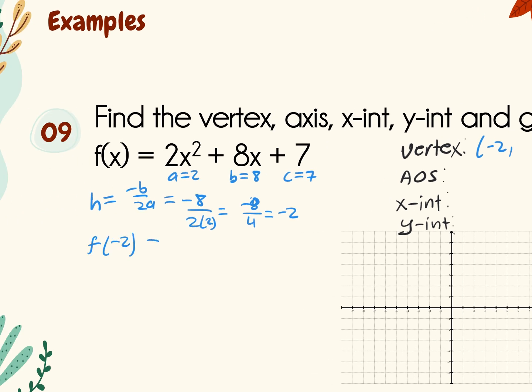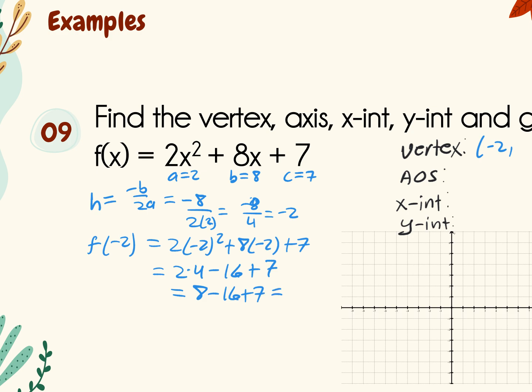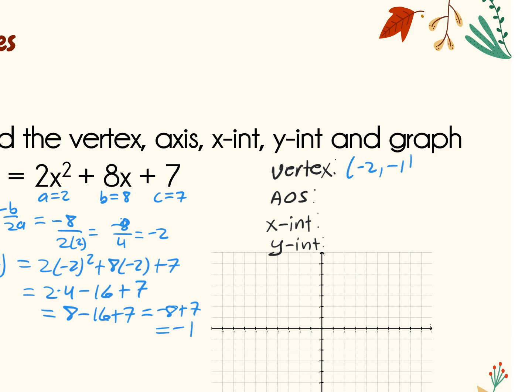So we get f(-2) is 2 times (-2) squared plus 8 times (-2) plus 7. All right, and (-2) squared is 4, so we get 2 times 4 minus 16 plus 7. And we get 8 minus 16 plus 7. And this is negative 8 plus 7, which is negative 1. All right, so our vertex is (-2, -1).